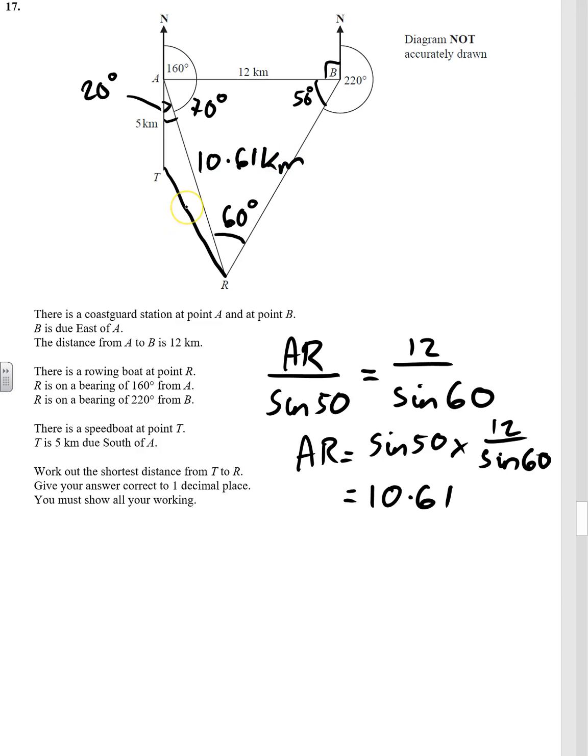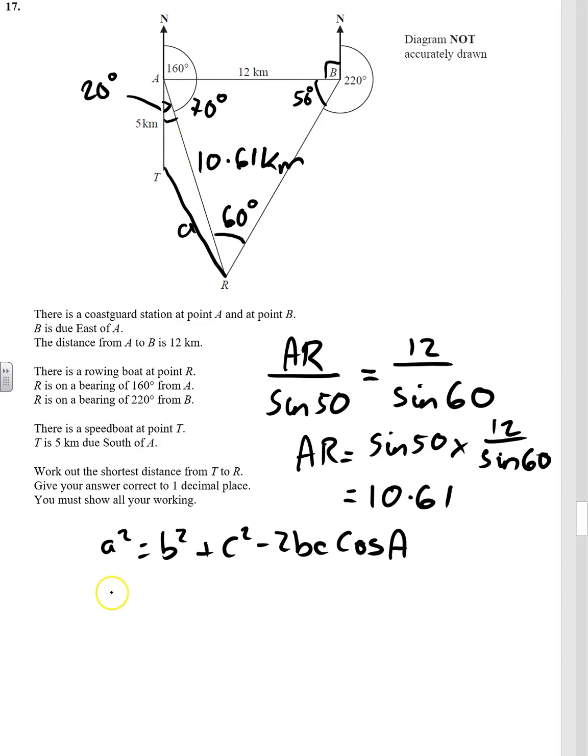So now we can use the cosine rule. So a squared equals b squared plus c squared minus 2bc cosine A. And that's quite handy. So if we make that a, that little a, it doesn't matter about the other two sides.